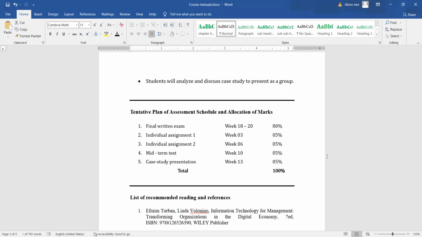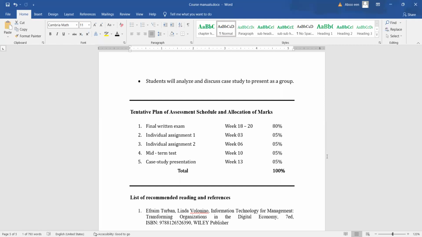Individual assessment. In week 3, I will give the individual assessment topic, and you will be asked to submit this individual assignment. I'm going to allocate 5% of the marks out of 20 for your first individual assignment. The second individual assignment you will get in your 6th week, and for that also I'm going to allocate 5% of the marks out of 20.